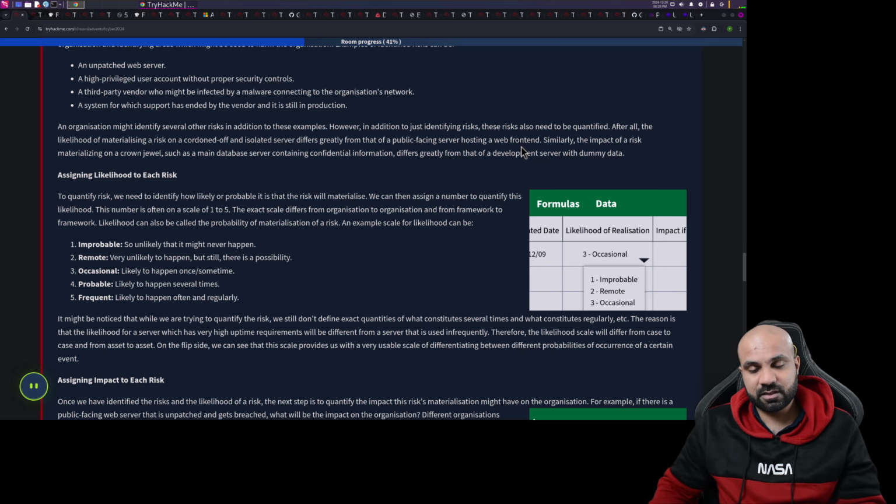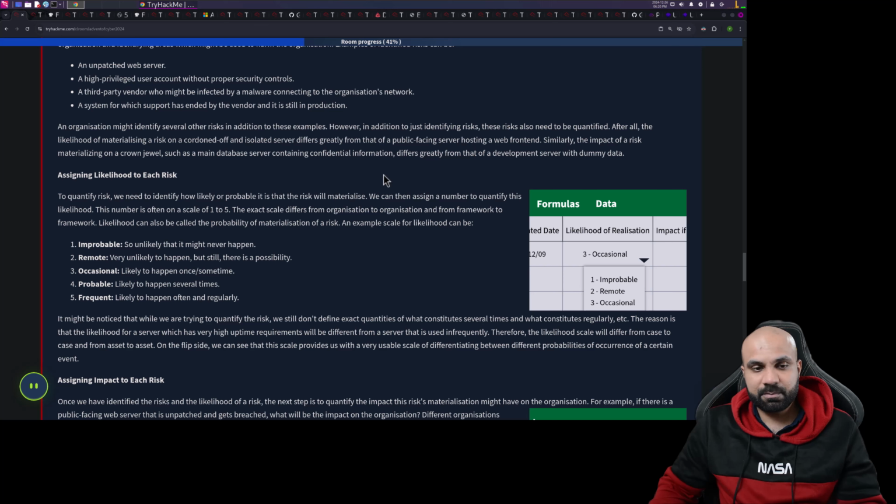Okay, public-facing server means that people from outside can access this server, or the websites that are hosted on the server can be accessed from outside. So this particular web server will have higher chances or probability to get attacked. Okay, so our priority from low will be changed to high in case of the web front end.